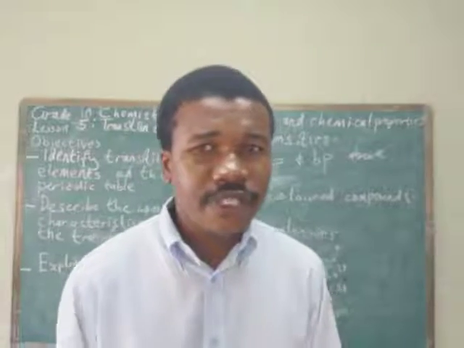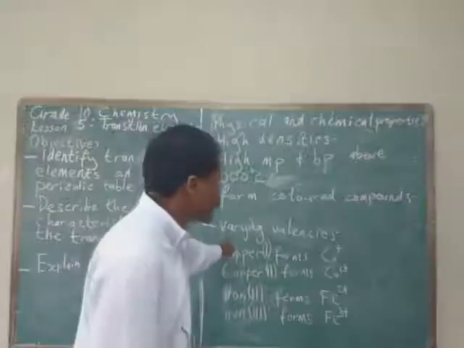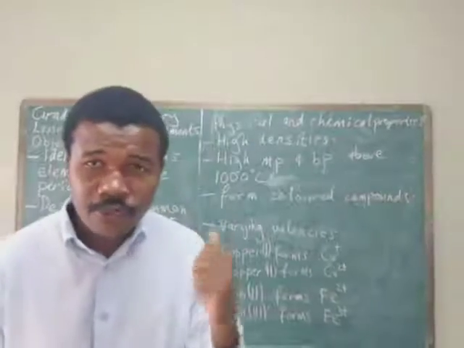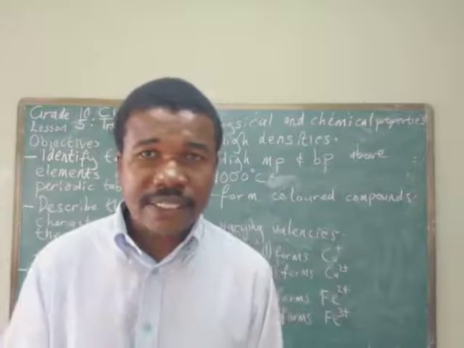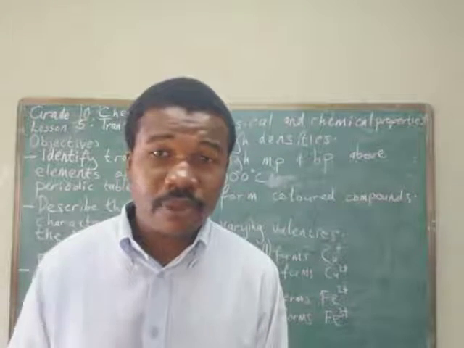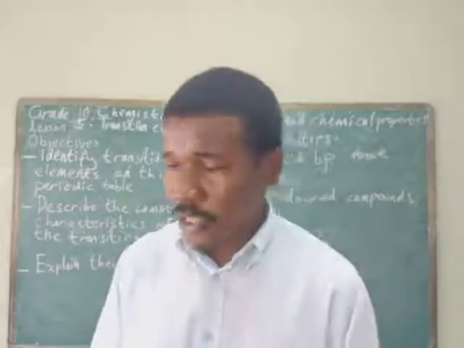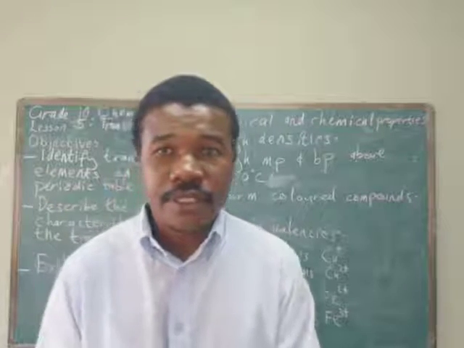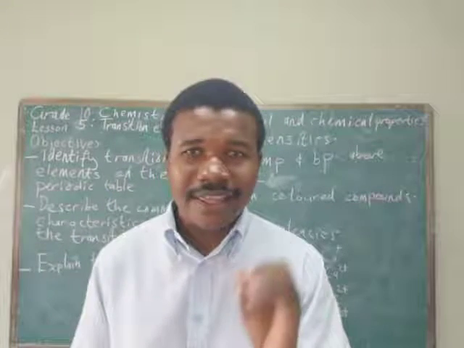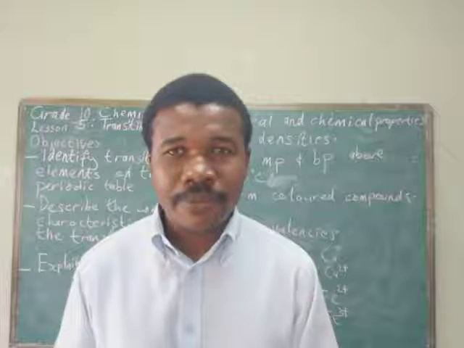The other interesting concept I wanted to point at was the issue of varying valences. What is valency? Valence refers to the number of electrons in the outermost shell. If you look at the valency of these transition elements, these d block elements, I hope you are looking at a periodic table.